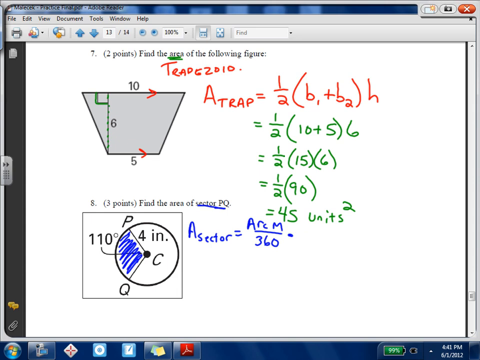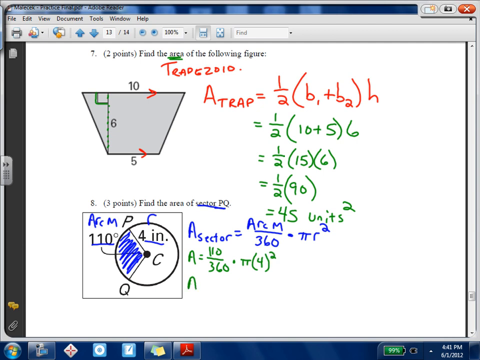The area of a circle is pi r squared. Notice that they give us the radius, it's 4 inches. They also give us the arc measure as 110. So from here we simply plug and chug. The area of the sector is equal to 110 over 360 times pi r squared, which is 4 squared.